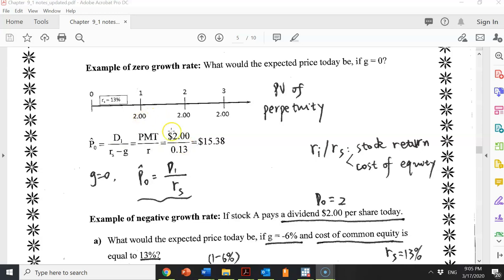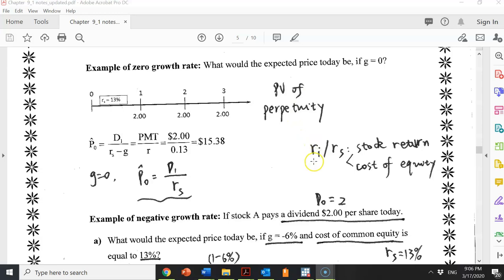So we just use this $2 divided by 13% as the given stock return. Okay, so we have 15.38 as the stock price. When G is 0, P0 becomes D1 over RS. Looking for the stock price for this constant dividend stock is the same as looking for the present value of a perpetuity.